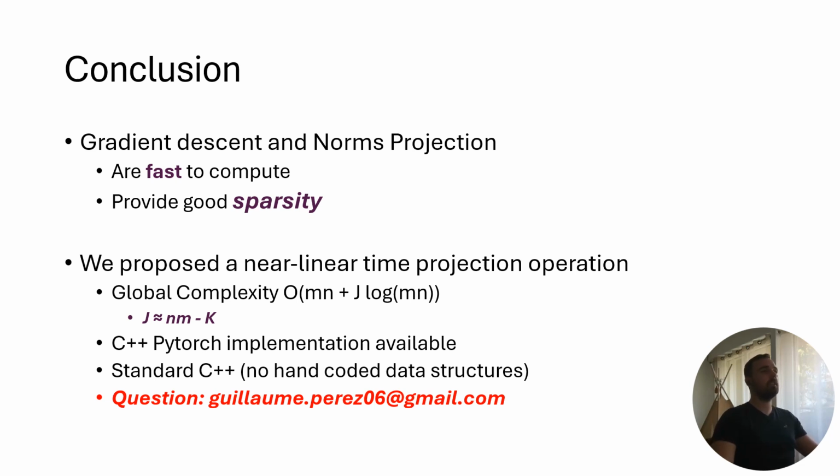And as you can check in our code, we use a basic C++ implementation, so there are no hard-coded structures that you need to maintain where there could be bugs. And we also provide the C++ PyTorch implementation, so if you want to use that in your code, like in your machine learning pipeline, you can do so without losing performance.